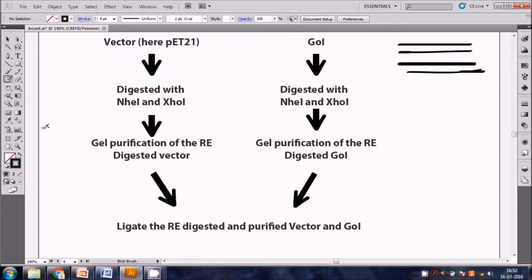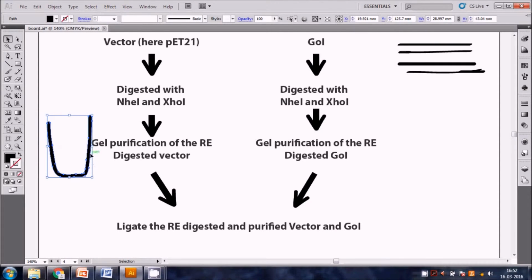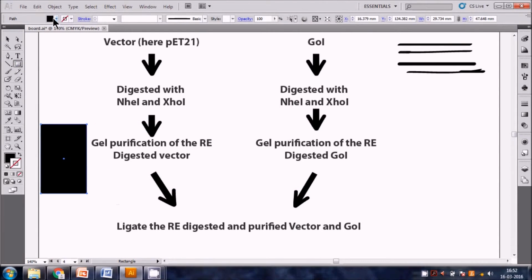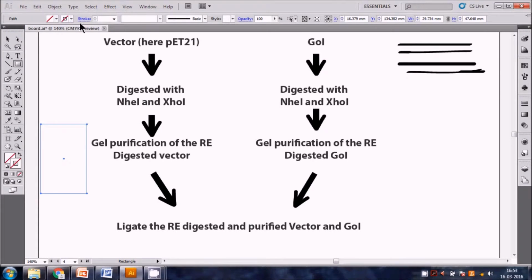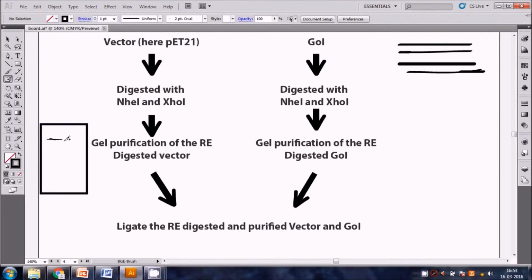For example, here you will run the agarose gel electrophoresis, and maybe you will find two bands, one of high molecular weight and one of very low molecular weight, right?